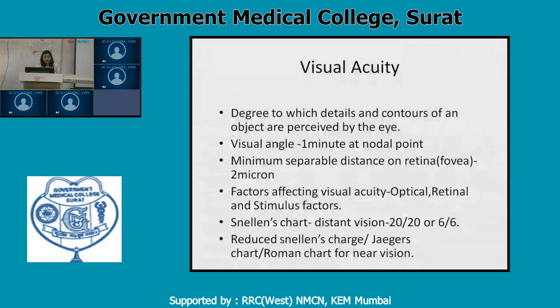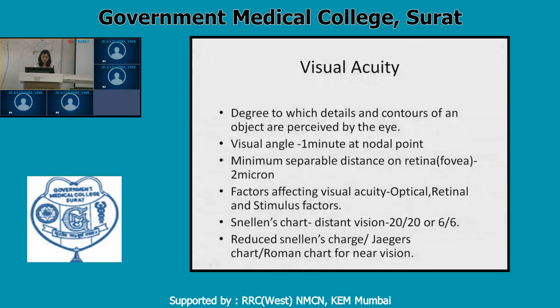The visual angle is the angle formed by the edges of the object at the nodal point, and the minimum angle at which two objects or two edges are perceived as separate is 1 minute of an arc. Less than 1 minute of an angle cannot be perceived as separate by the human eye. Also, the minimum separable distance on the retina or fovea is 2 micron. If it is less than 2 micron on the retina, it is perceived as a single object only.